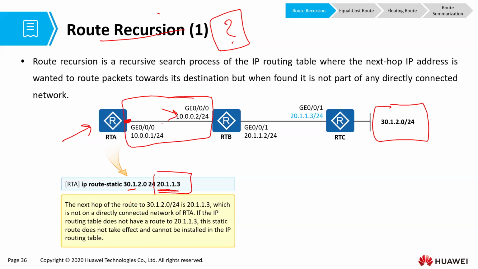Under normal circumstances, the first route we use is 30.1.2.0/24. This is the mask.